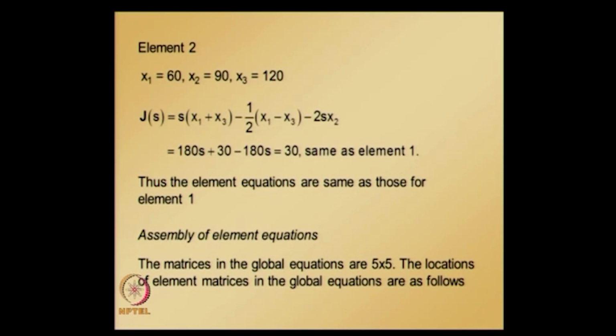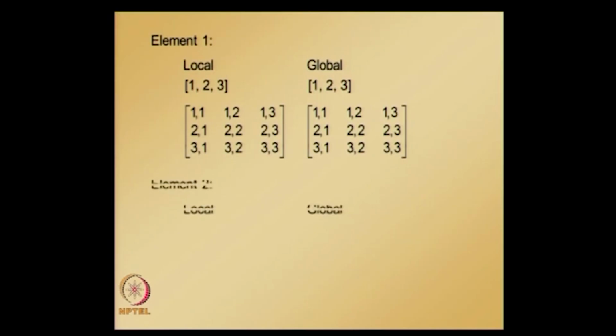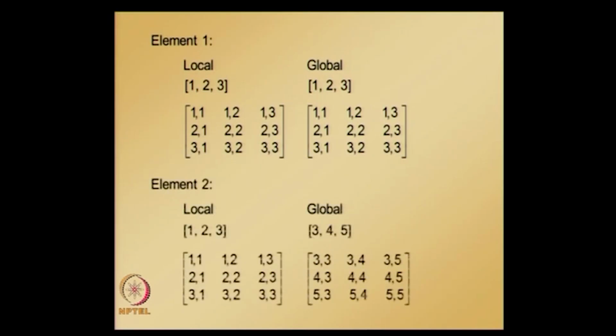Locations of element matrices in the global equation are given here. The contribution from element 1, where it goes into the global equation system, and contribution from element 2, where it goes into the global equation system. So, local to global relation is given.